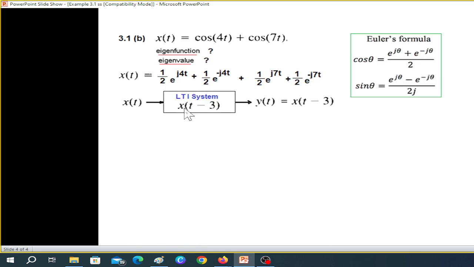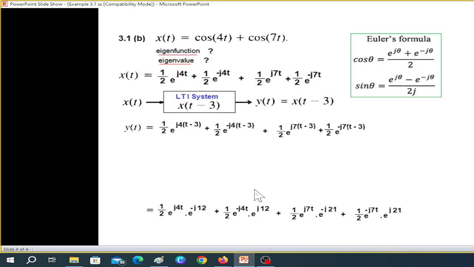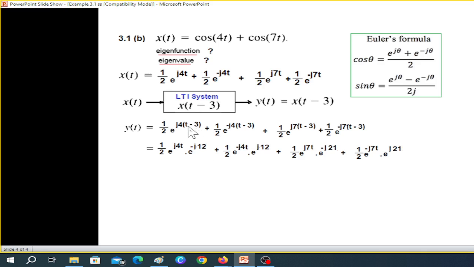Now this signal will pass through the LTI system, which shifts t by 3. So when we pass this, all the t's will be shifted by 3. So t minus 3, t minus 3, t minus 3. And from here, if we open the bracket, then we get these two terms.